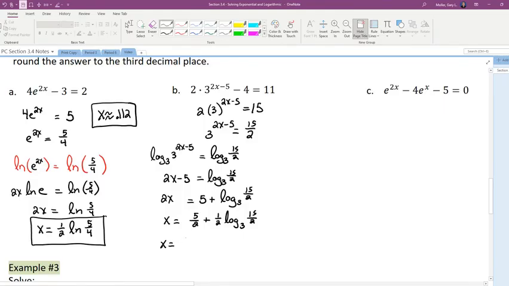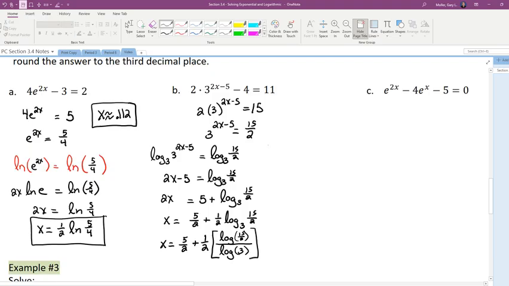So I get x equals 5/2 plus 1/2 times log base 10 of 15/2 divided by log base 10 of 3. And we'll do that on the calculator in a minute.